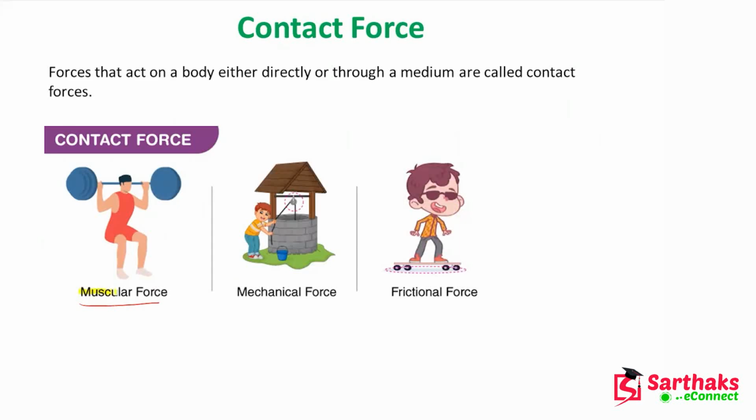This is muscular force. Then mechanical force. Then frictional force, right? This is mechanical force. All these are contact forces, because you are applying your hand or your leg, and whatever surface you are applying the force on is attached to your body part. That's why it is called contact force.